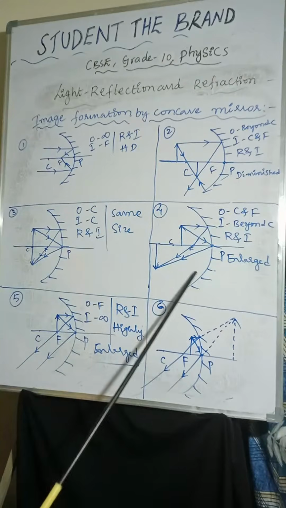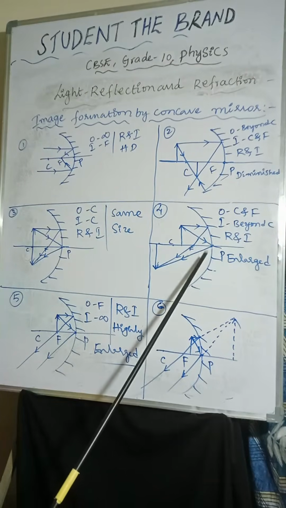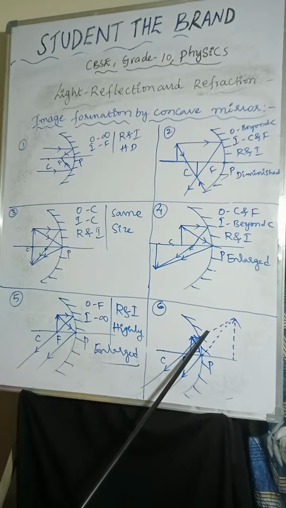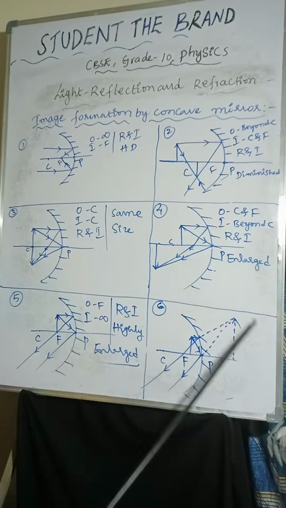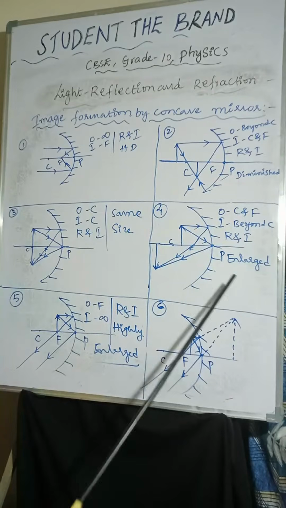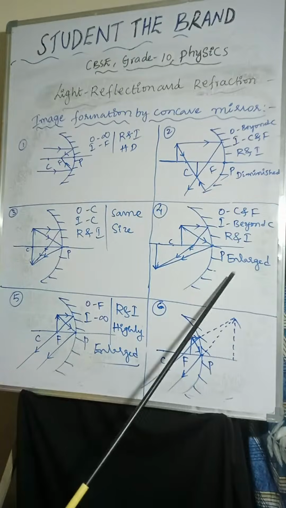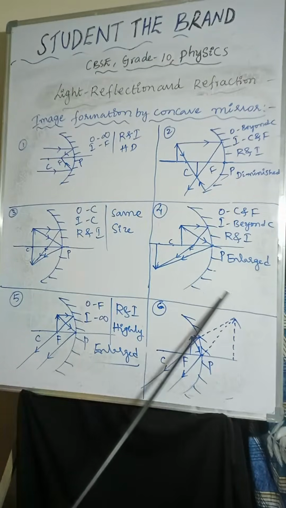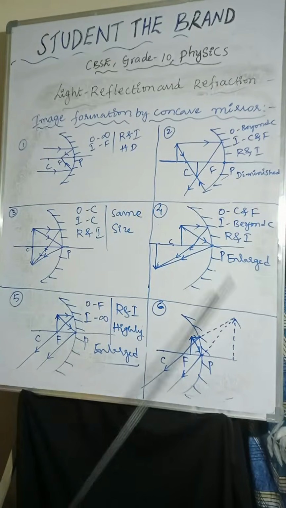So in concave mirror, there are two types of images forming: real inverted and enlarged, and virtual erect and enlarged. Which are those cases? Draw the image diagram and explain with the comparison. After drawing these two diagrams, you can compare the two images and explain.